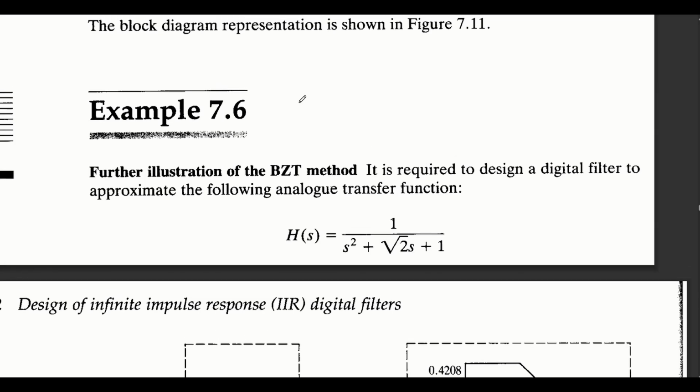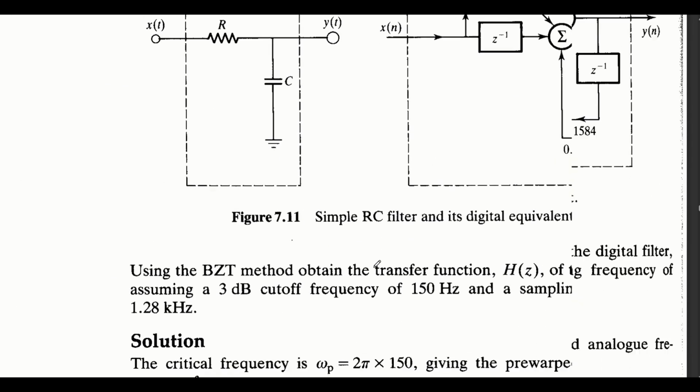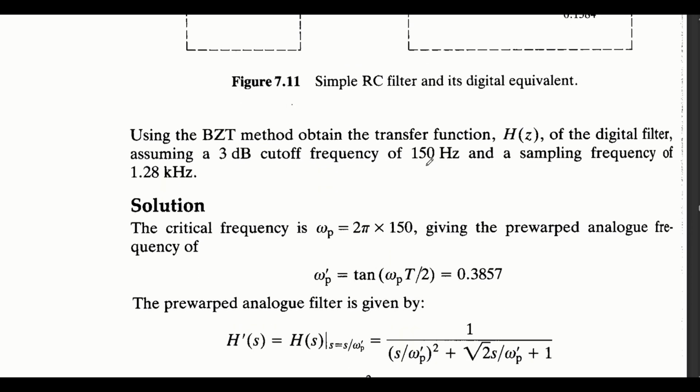And a very similar one is this, where you are given the required analog transfer function as this whole complicated expression, and you are asked to solve. It's actually the same procedure. You are given parameters that your cutoff frequency should be 150 hertz and your sampling frequency should be 1.28 kilohertz.